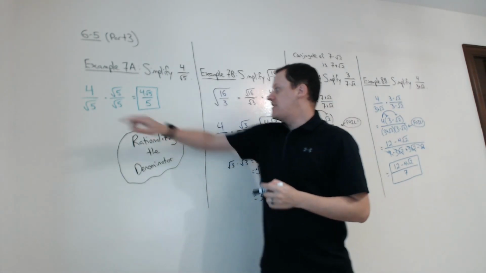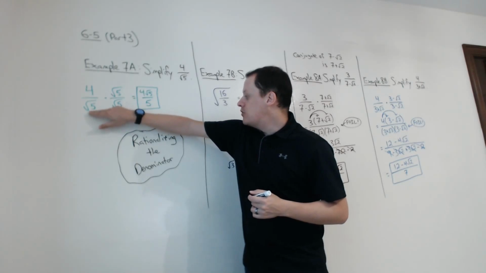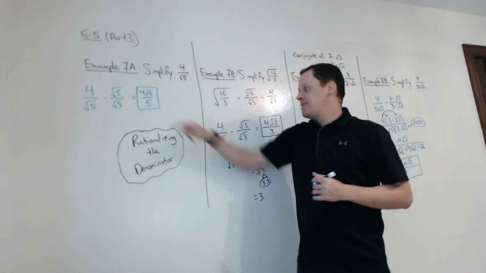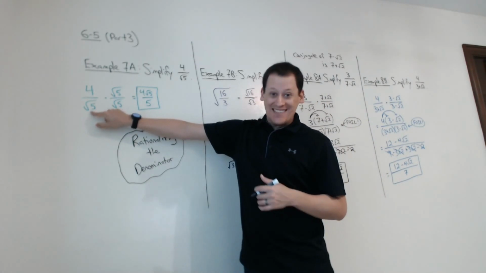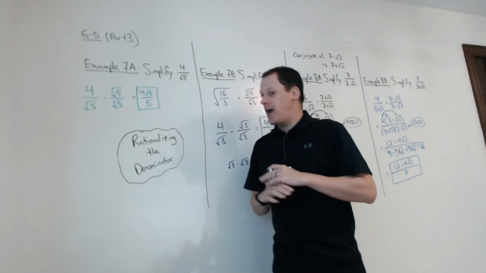Okay? We're taking the denominator of the fraction that has a root, and we're turning it into a rational number. Because right now it's irrational. So we're turning the denominator into a rational number without a root.